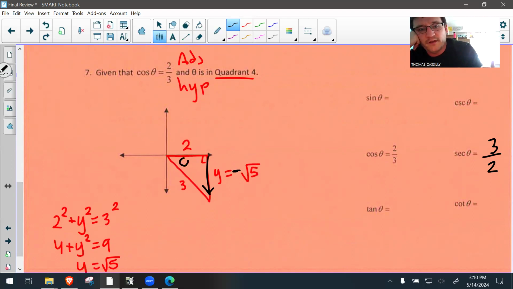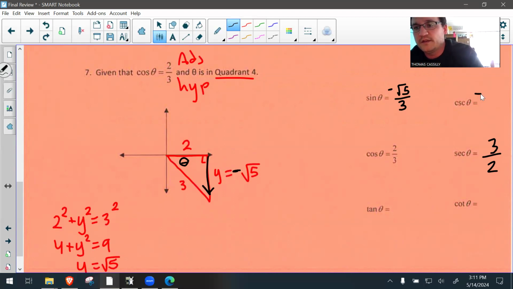Let's fill out all the other ones. This is our theta right here, always with the x-axis and that radius. So the sine is the opposite over hypotenuse. So you have negative square root of 5 over 3. Flip that. I'm going to flip it upside down and rationalize it.